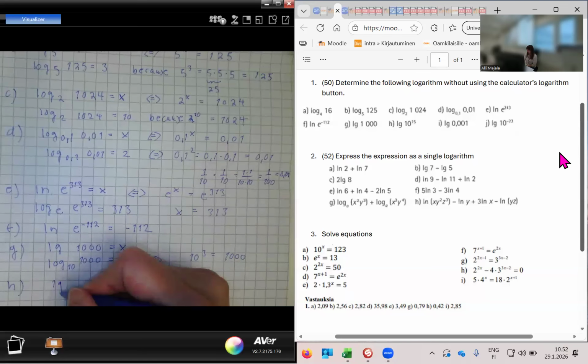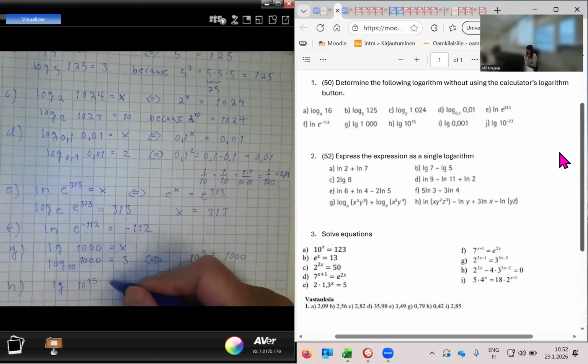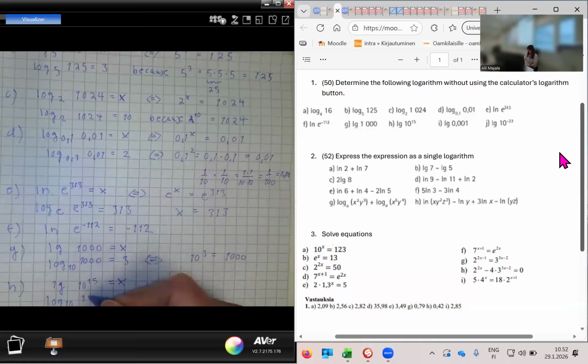Well, this is again the same thing as the ln thing. 15, so x is, I know that it's the 10 base logarithm. 10 to the power of 15 must be 15.